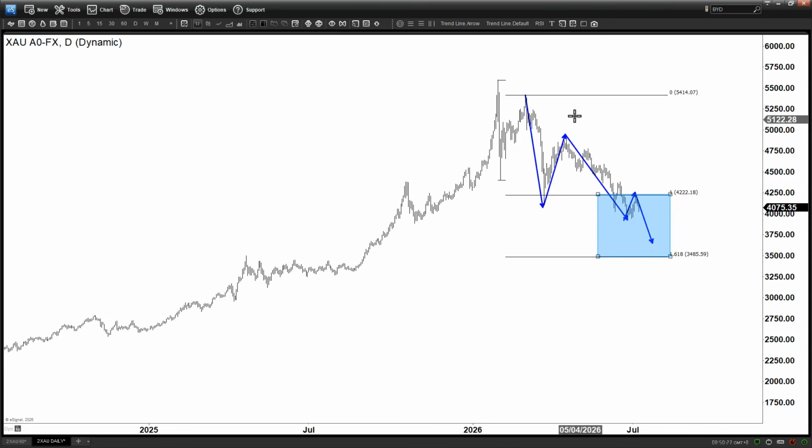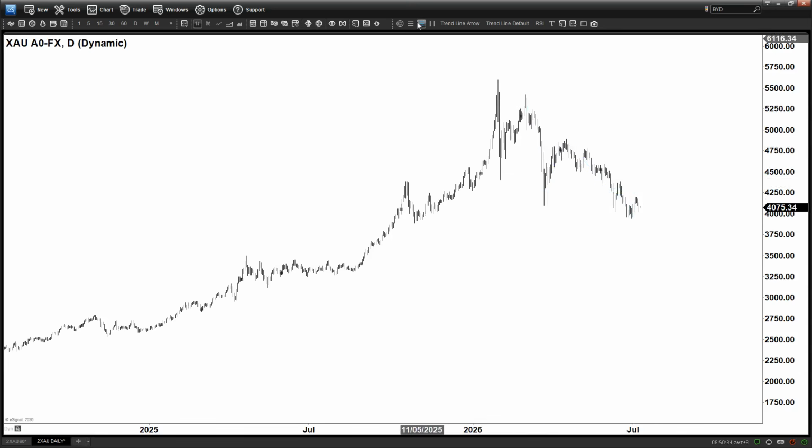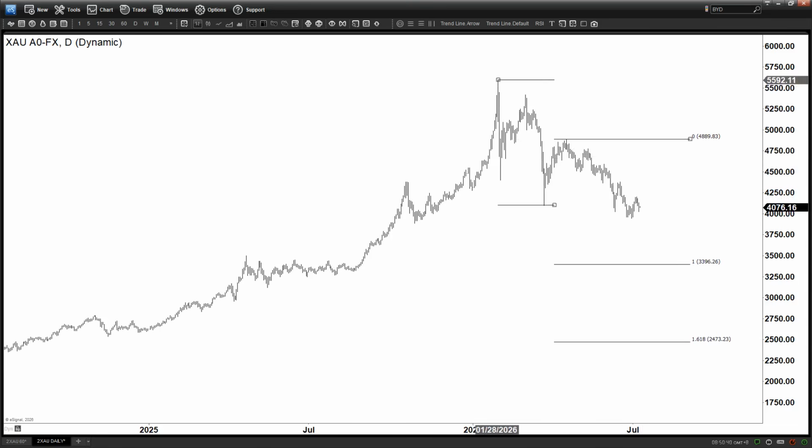So depending on whether it is an ABC from here with a 5-wave C down, or it is a WXY with this one as your connector here. Now, if it is WXY, let's use the worst case scenario, then we can say we have room for 3400.